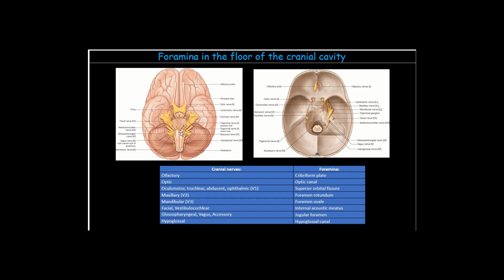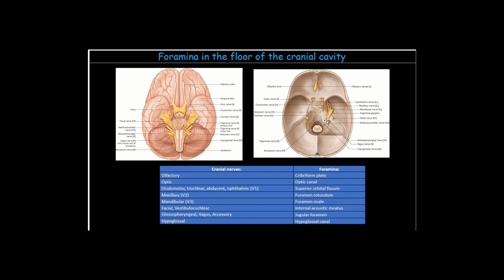When we studied the cranial nerves, we said that at the junction of pons and medulla, we've got three cranial nerves, 6, 7, and 8, coming off in a sequence from medial to lateral. The sixth cranial nerve, we said, passed through the superior orbital fissure along with the 3, 4, and V1. The seventh and the eighth cranial nerves, which are facial and vestibulocochlear, pass through the internal acoustic meatus to go to the inner ear region.